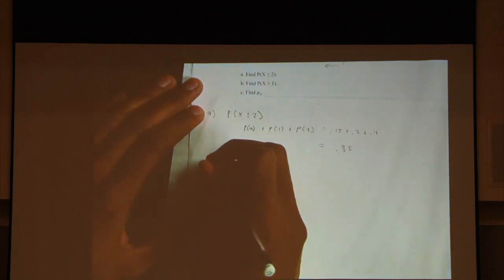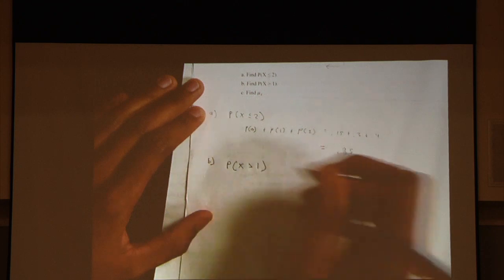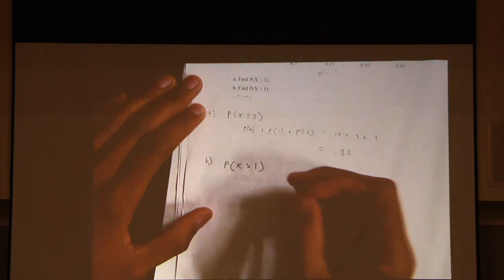And now, for B, they want the probability of x being greater than 1. Obviously, for this case, we're not going to include 1.